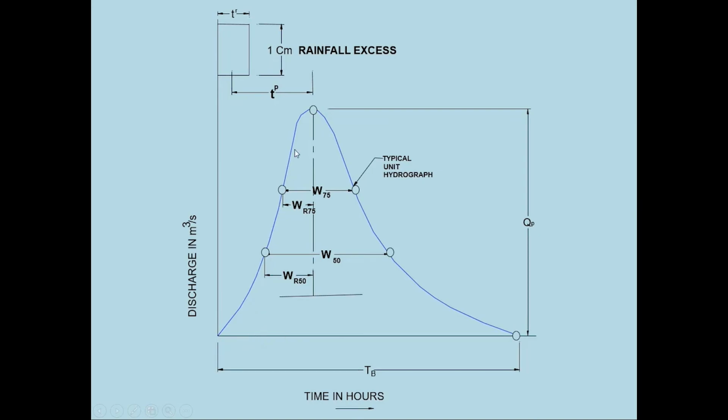So basically the area under this graph gives me the surface runoff. Am I clear? The area under this graph, the area covered by this gives me the surface runoff.